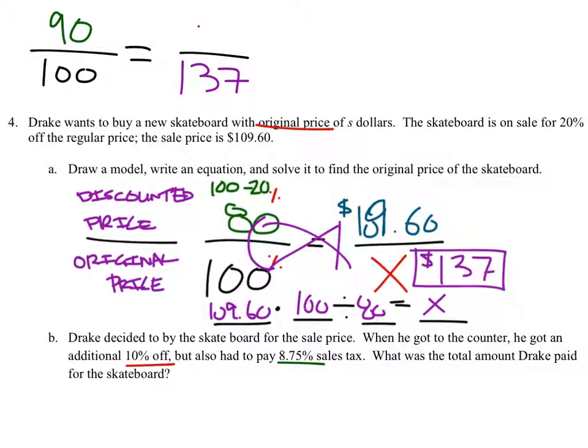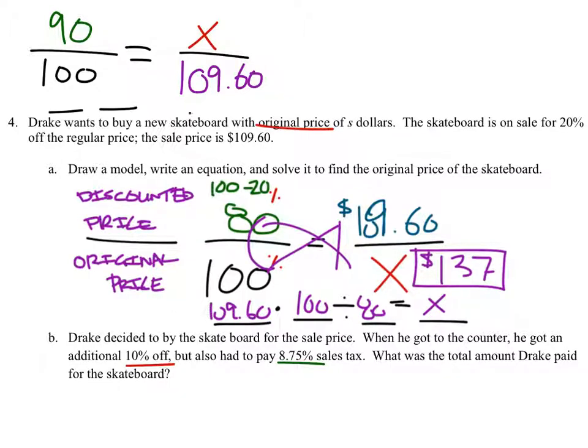What we need to do is figure out this new price, and then we will add on the sales tax. So 10% off of, it's not the 137. Let me go back to that. That was the discounted price, the 109.60. That's better.